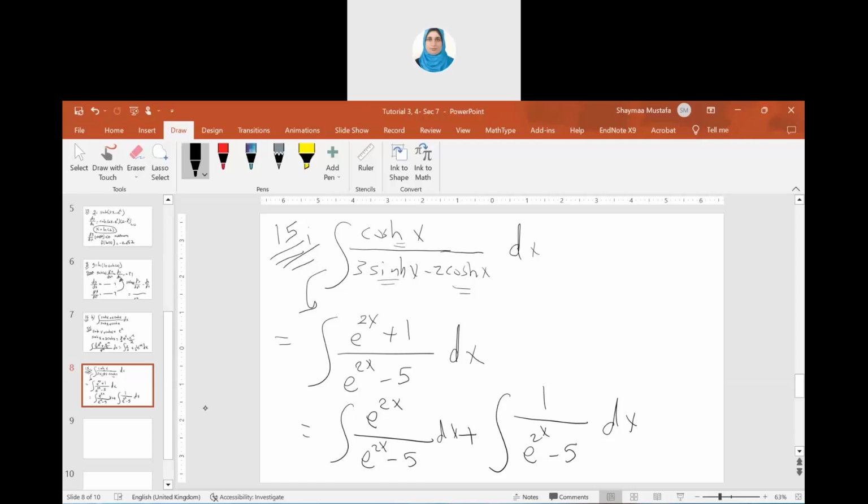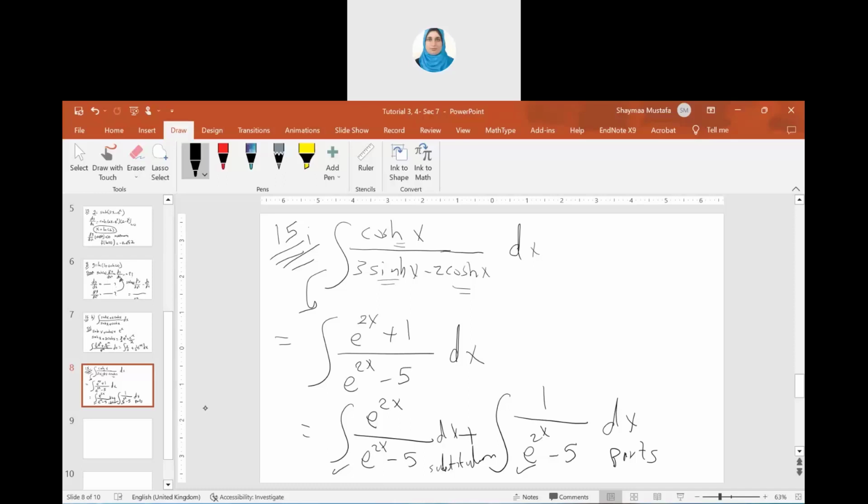So I think now both integrations can be done. To calculate this one, use substitution, and to calculate this one, use by parts. This one by parts, this one substitution.